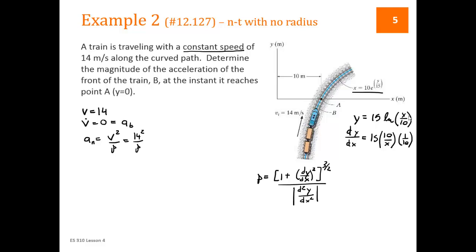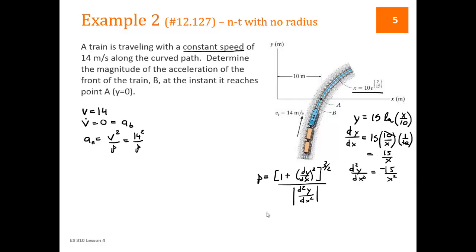The derivative of ln is 1 over whatever's inside the ln, so that's 10 over x, and then the inner derivative is 1/10. The 10's cancel, so it's 15 over x. Taking another derivative, d squared y over dx squared is the derivative of 15 over x, which is negative 15 over x squared.